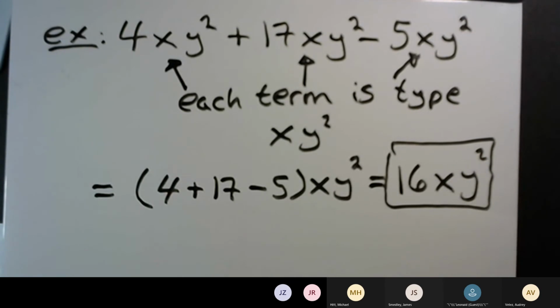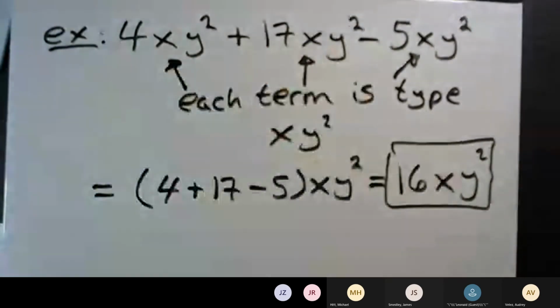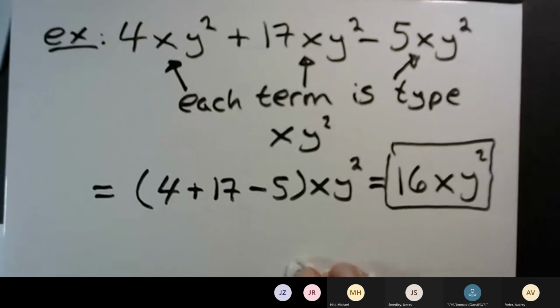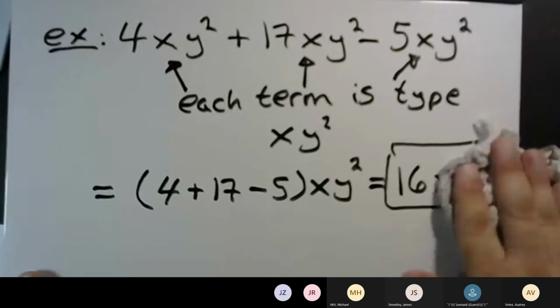So questions about that? Now you notice that I've made this big stink that the terms have to be of the same type. And there's a reason for that. Why do we not combine unlike terms? I mean, what's the harm? They've got some x's, some y's. Why do we worry about the details on this? Well, let me show you.